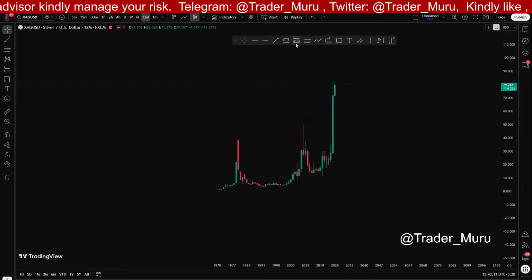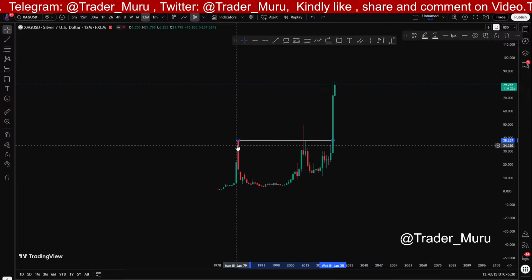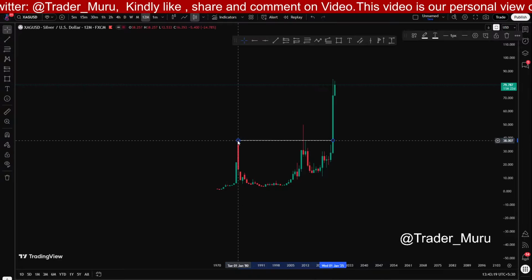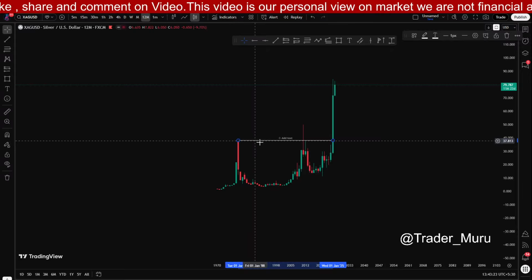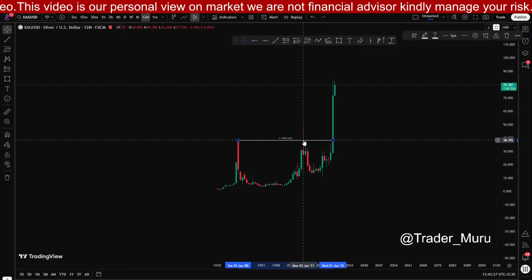You see this breakout structure? This is the high of the 1980s, and this is the high of 2011.